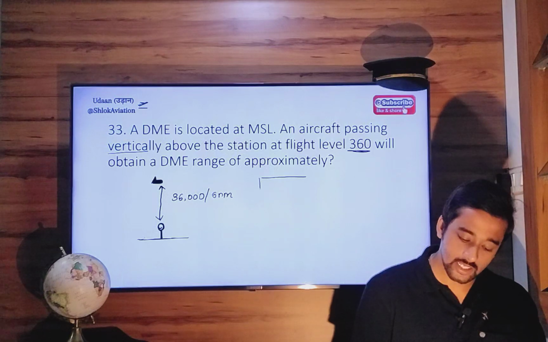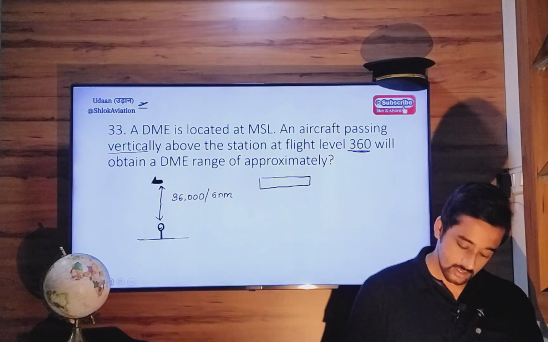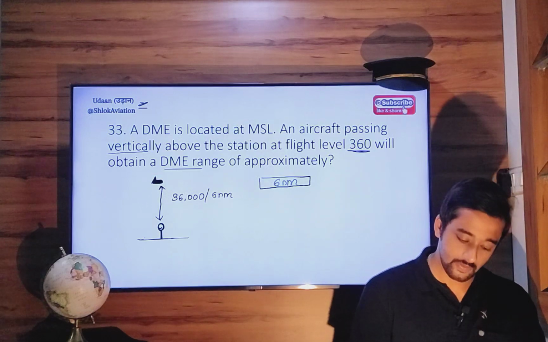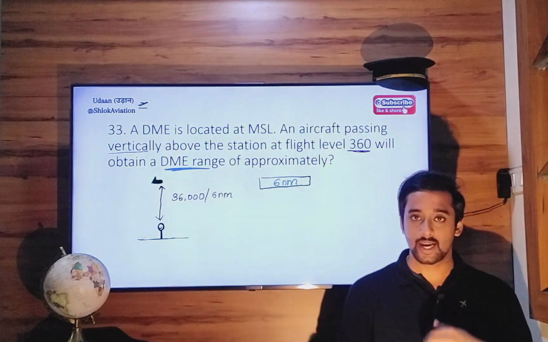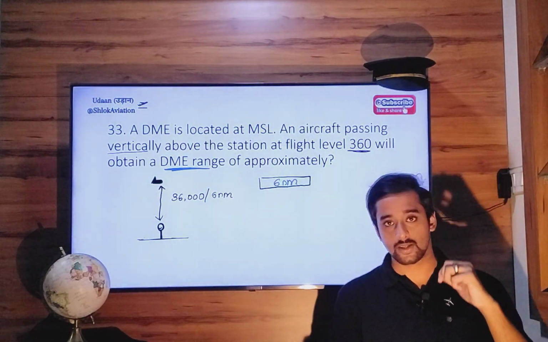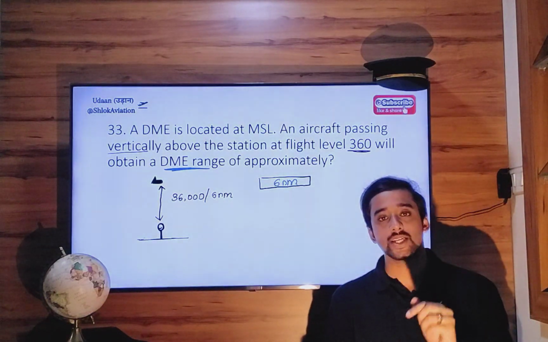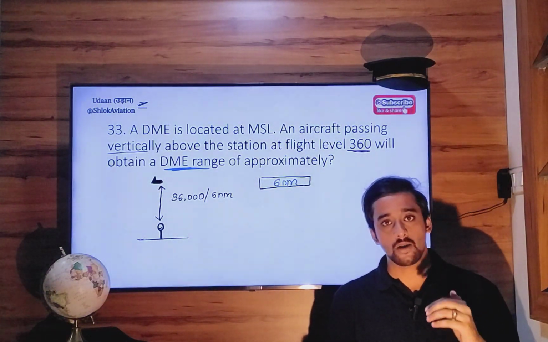The DME indication will be equal to 6 nautical miles. Okay, but we know that aircraft is directly above the DME station. So that slant range information must be interpreted as vertical distance of aircraft above the DME.